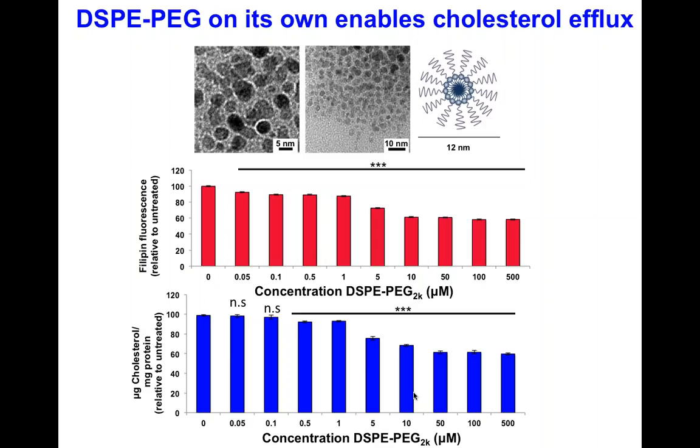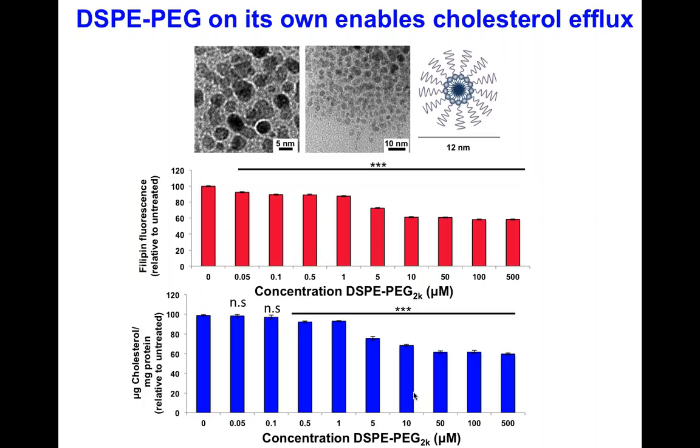The next thing we did was make liposomes which had DSPE-PEG in them, along with HSPC and other lipids, and we started to formulate 2-hydroxypropyl cyclodextrin in these liposomes. We tried to play around and increase the concentration of DSPE-PEG in these formulations, and through serendipity, Anna found that DSPE-PEG on its own does clearance of cholesterol from the cells.